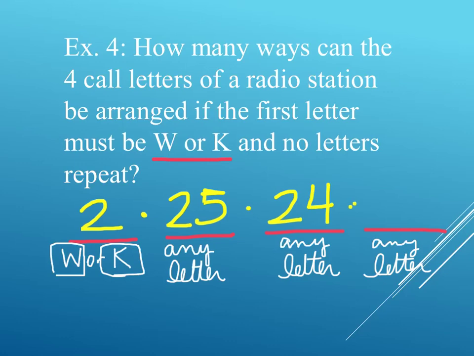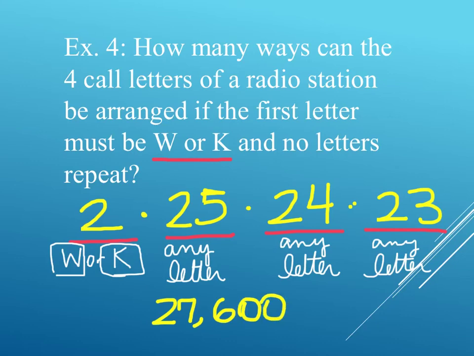And then in the third blank, I have used 3 letters now, so I only have 23 possibilities. And so now I need to multiply 2 times 25 times 24 times 23, and I get a total of 27,600 possible ways to arrange these 4 letters for a radio call station, where the first letter has to be a W or a K.